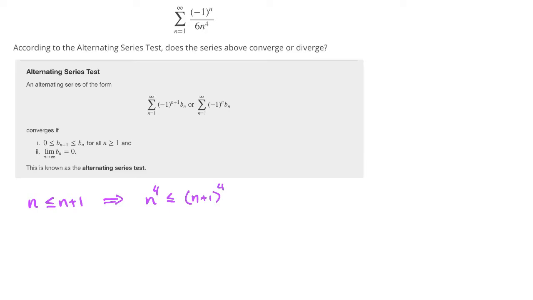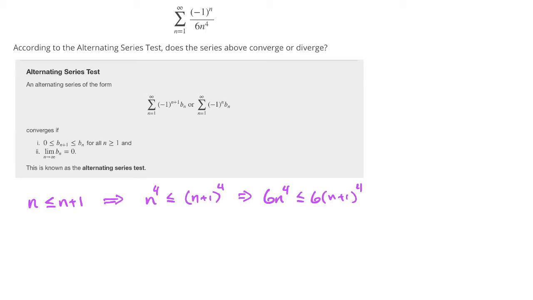Since we multiply both sides by a positive number, the direction of our inequality can also stay the same. So if we multiply both sides by 6, we still end up with 6 times n to the fourth power being less than or equal to 6 times n plus 1 to the fourth power.